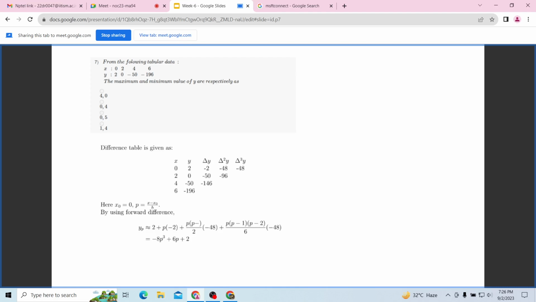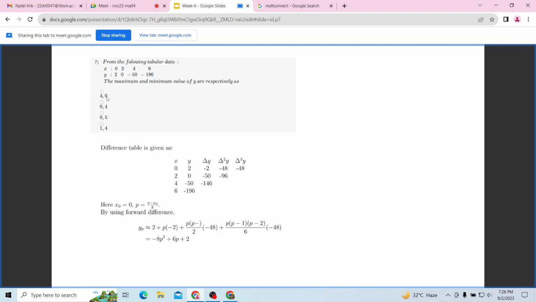So when you substitute p equals 0.5, here you will get y equals 4. And when you substitute minus 0.5, you will get y equals 0, right?